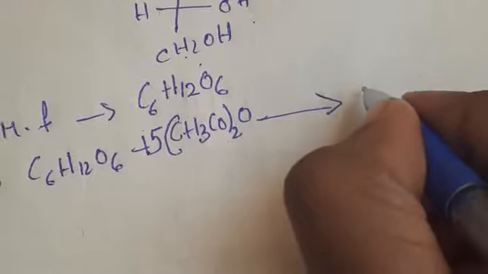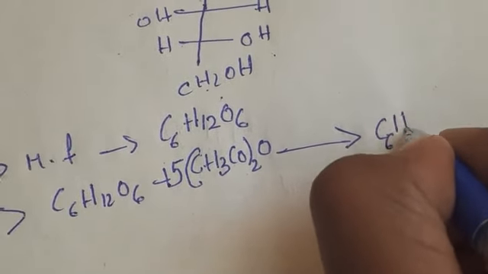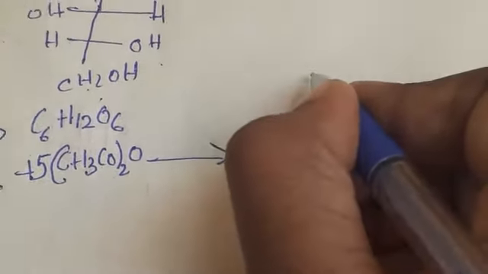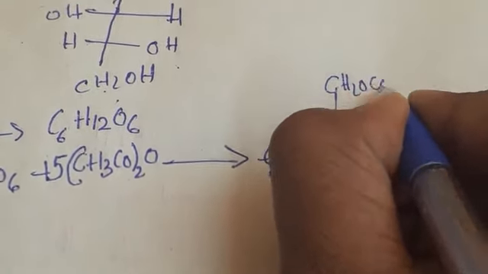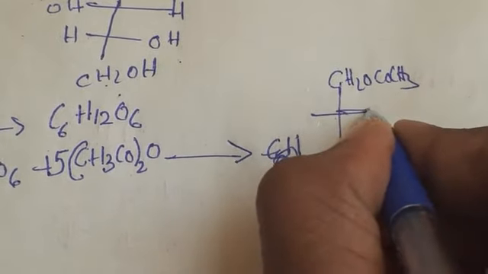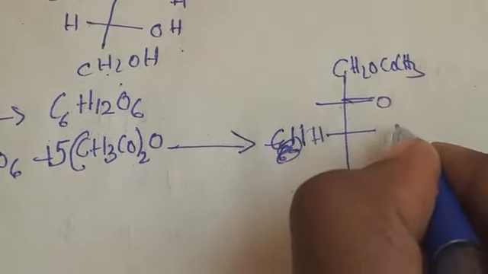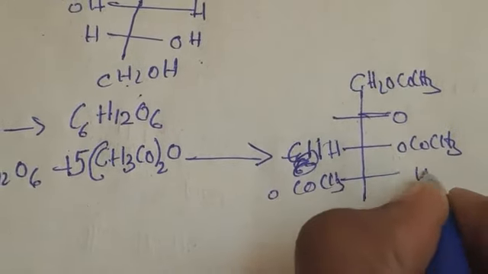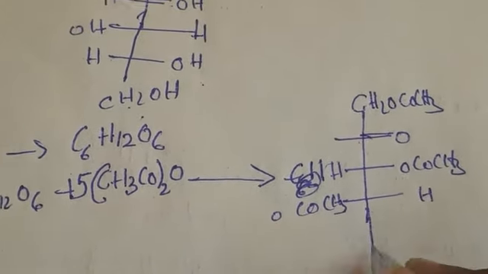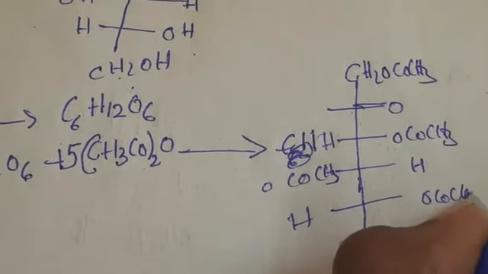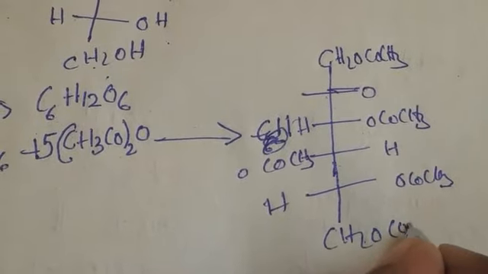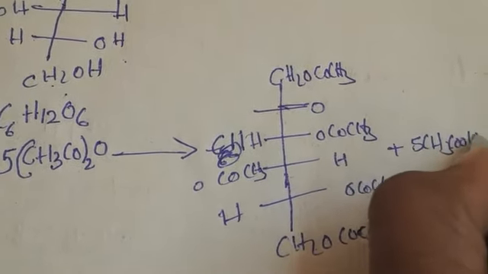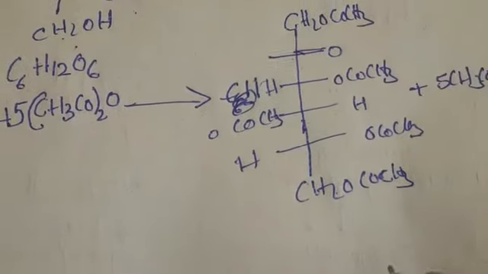It gives C6, CH2OCOCH3, C double bond O, H, OCOCH3, H, OCOCH3, H, OCOCH3, CH2OCOCH3 plus 5 moles of CH3COOH. Means fructopentaacetate is forming.